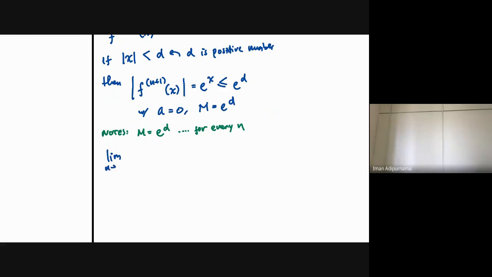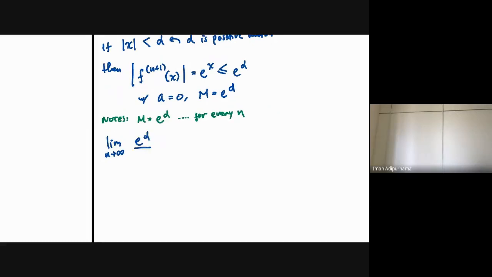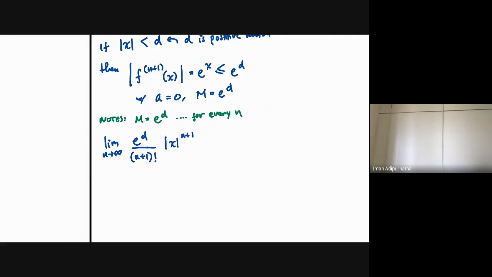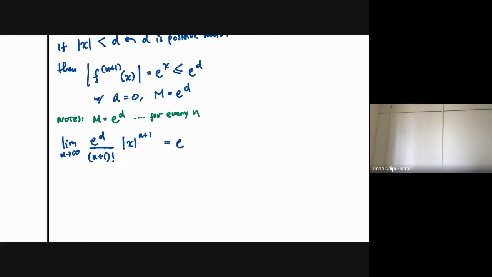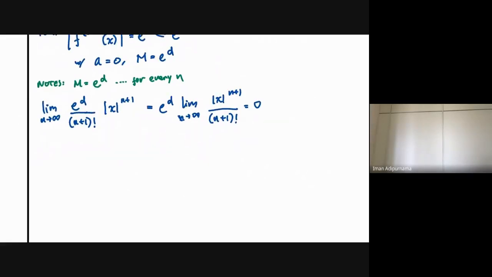And from the limit of the Tn before, we have e to the d over (n plus 1) factorial, times |x| to the (n plus 1). e to the d is a constant, and this will be what we approach here.